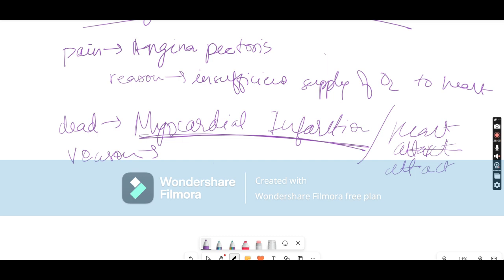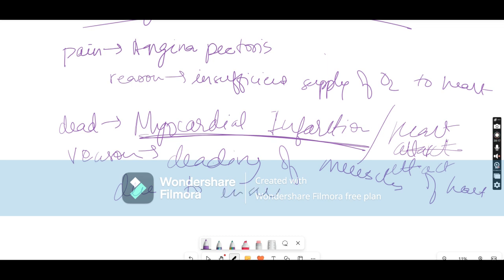So that is what heart attack is. The reason is deadening of muscles of the heart due to insufficient supply of blood. So let me summarize this to you.